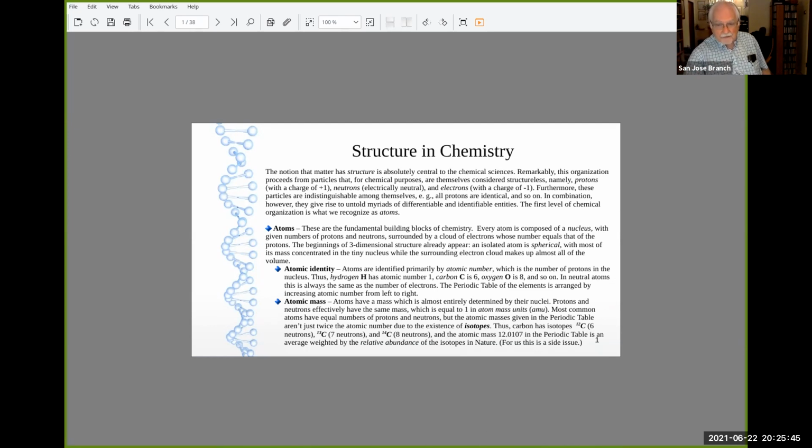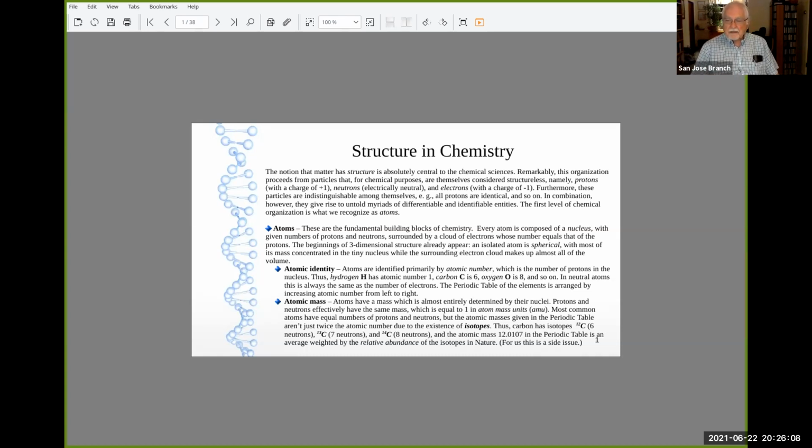Atoms have a mass, and the atomic mass pretty much comes from the nuclei, because the electrons have a mass, but it's a very small mass compared to the mass of a proton or a neutron. It's orders of magnitude smaller.